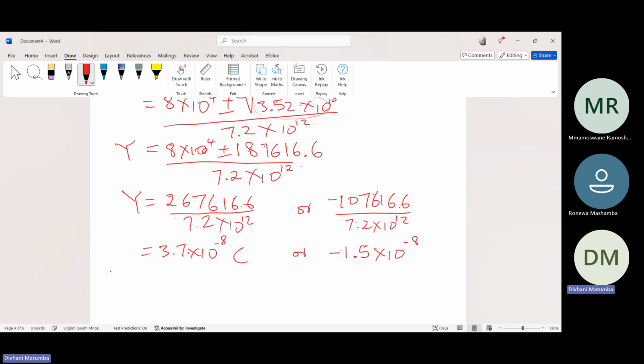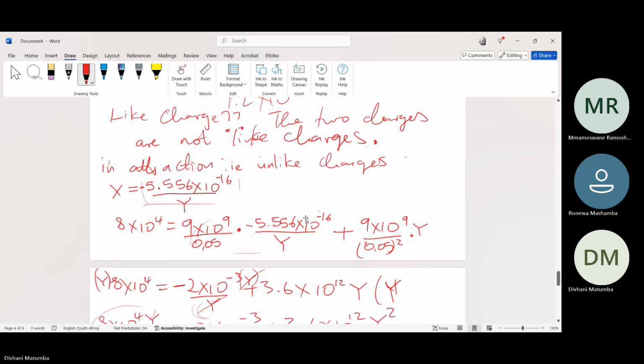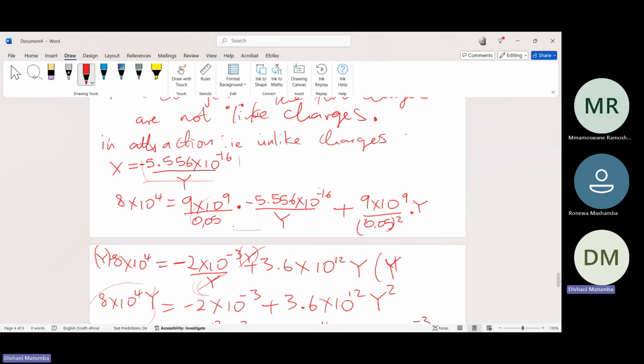Now, the value of x is given by this portion here.